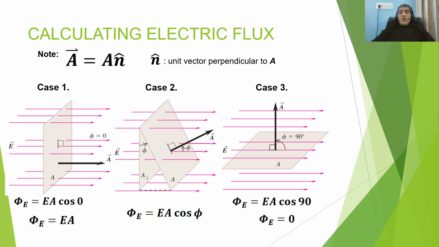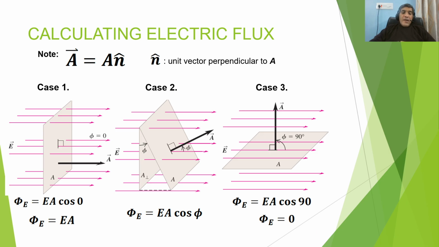So now I think you all understand very well the meaning of electric flux and how we calculate it, including when we have a different angle between the electric field and the area vector.